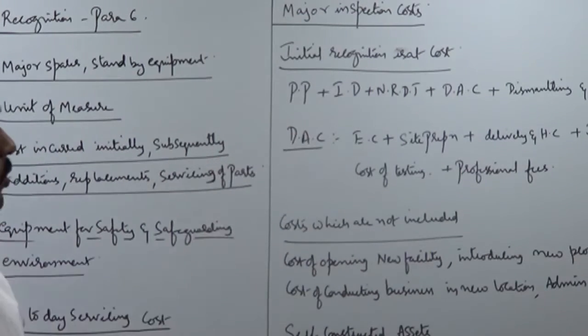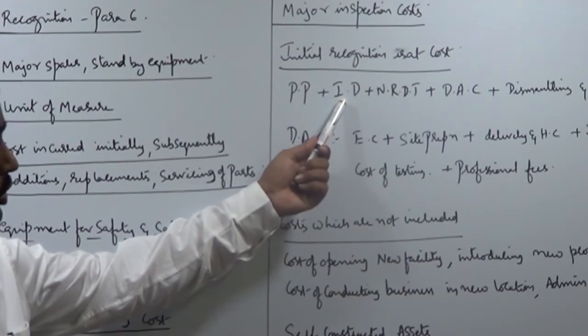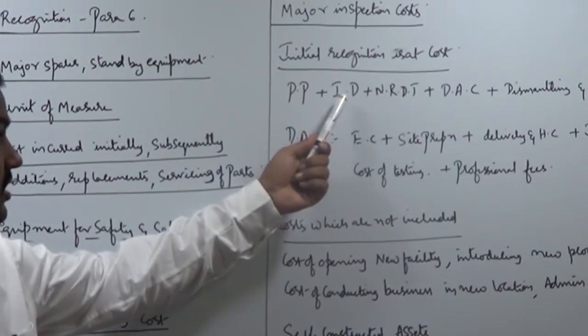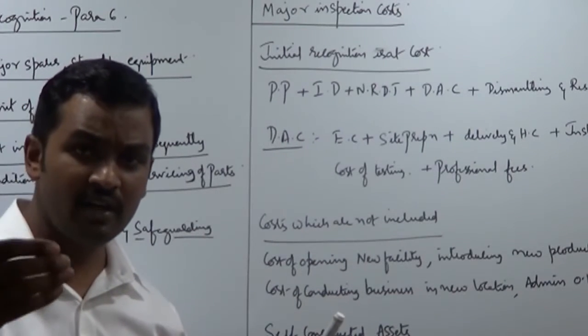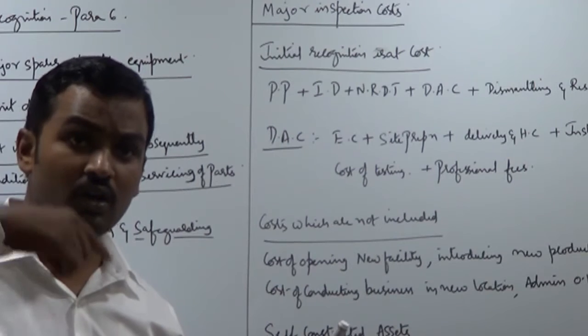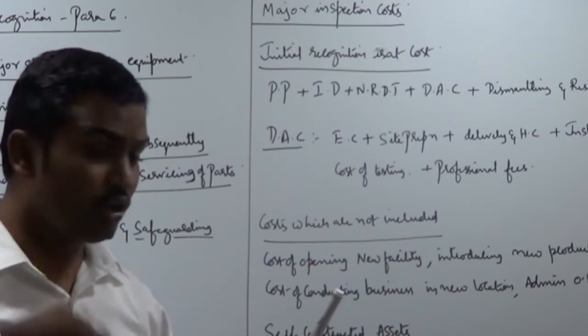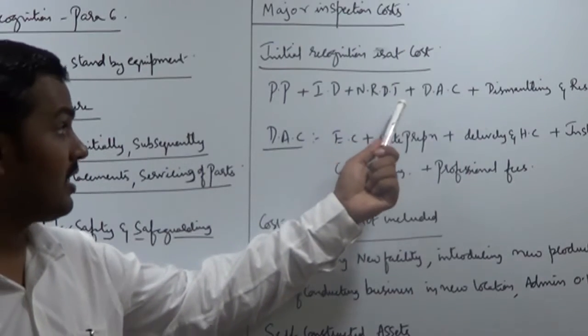Now what will be included in cost? Purchase price, add import duties, that means customs duties, etc. Non-refundable duties and taxes. Any other tax which has been levied when you are purchasing the asset but which is not refundable. That means you are not going to get the tax back subsequently. Such taxes can be added.